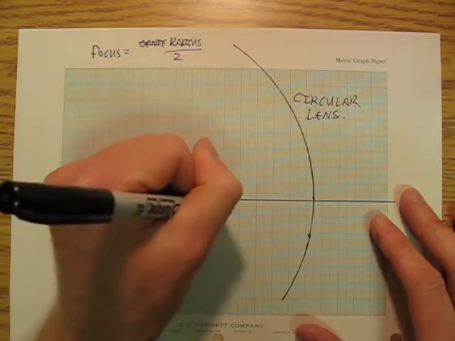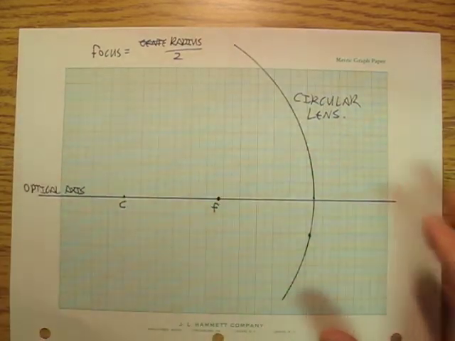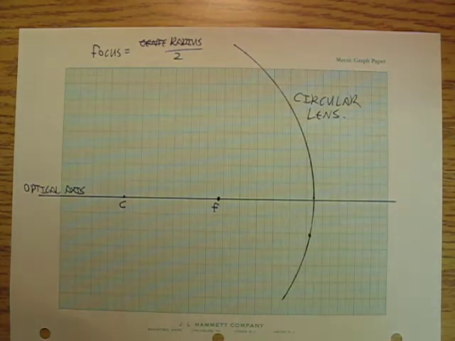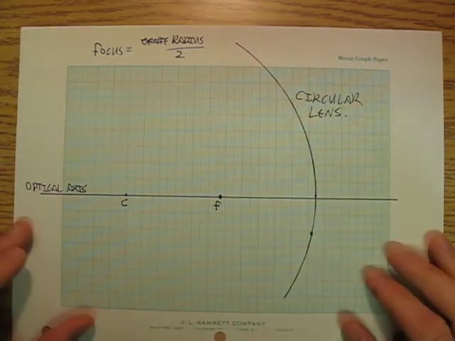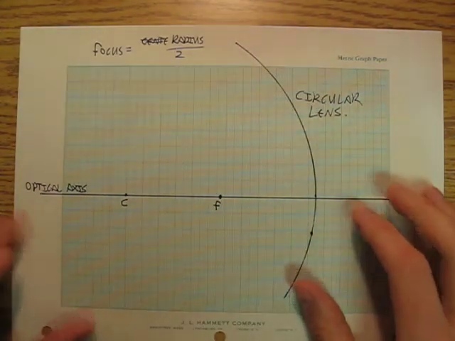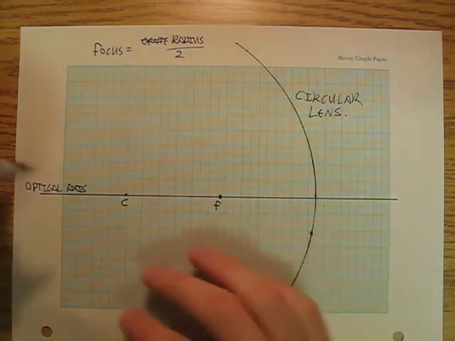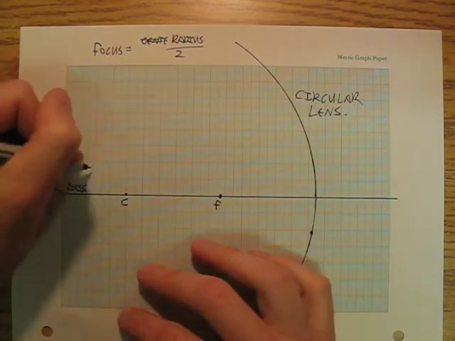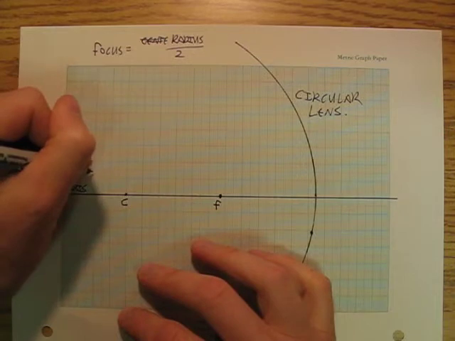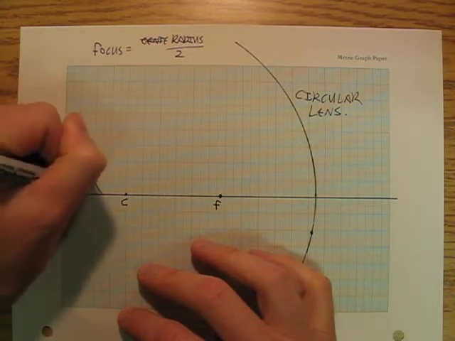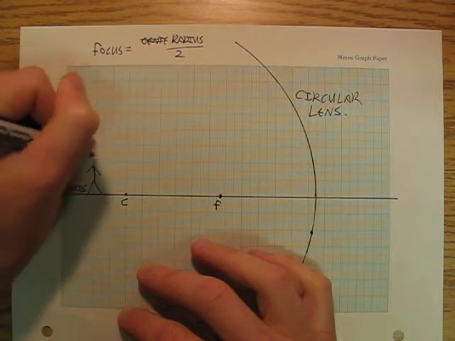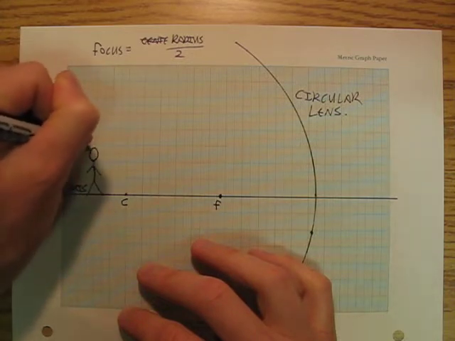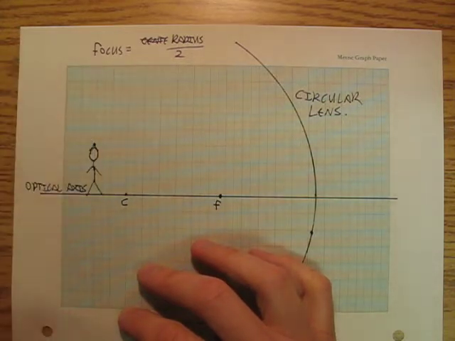And so I'm going to say that is the focus. Now I'm going to create a little person here, and right on this line I'm going to make a little person. I'll give them a hat so they end up right there.